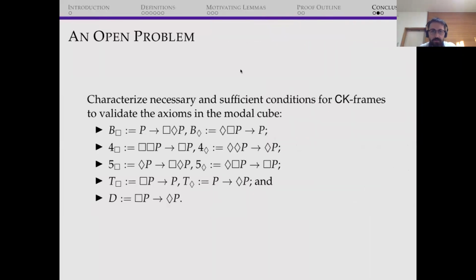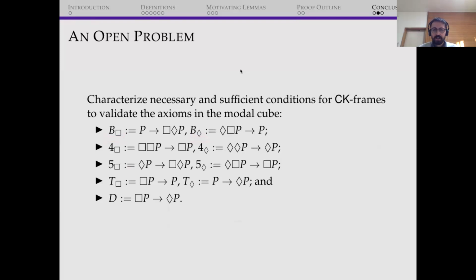I want to end with an open problem. We got this completeness by restricting the frames to the symmetric ones, but this is not exactly the frame characterization. Also, I forgot to comment, but the confluence was necessary for B box, but it's not necessary for B diamond.